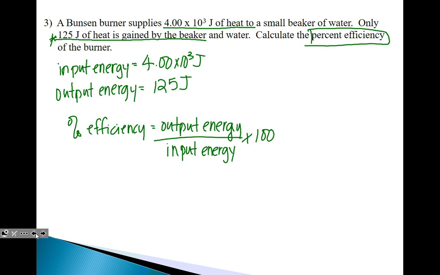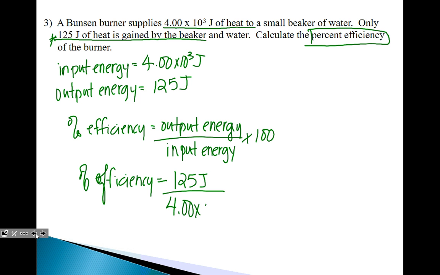So my percent efficiency is equal to 125 joules over 4.00 times 10 to the power of 3 joules. And I'm going to multiply that by 100, which is only going to give me 3.13% efficient.